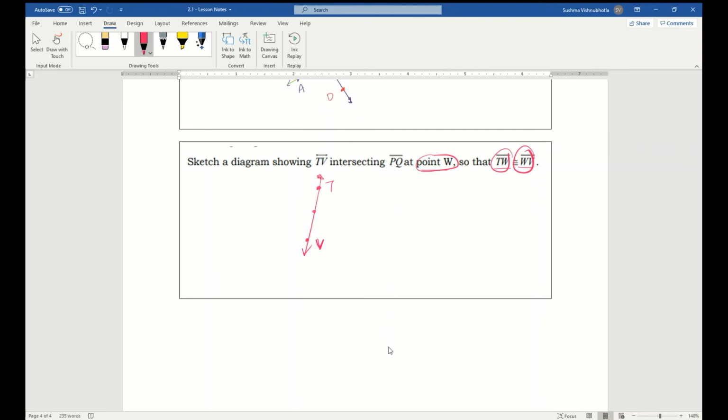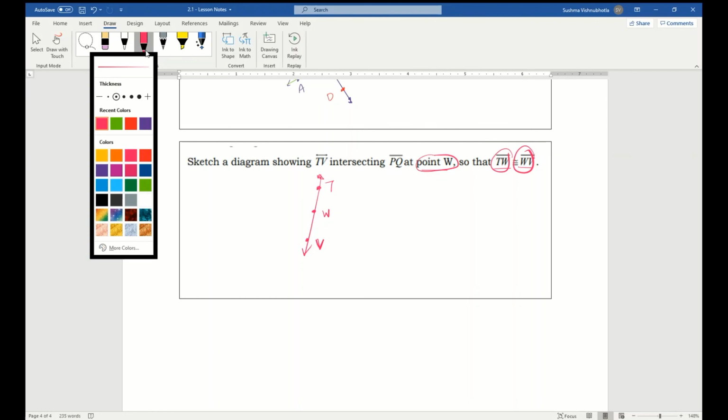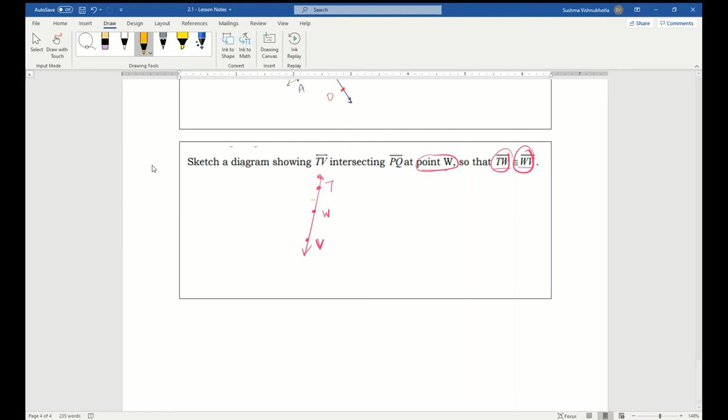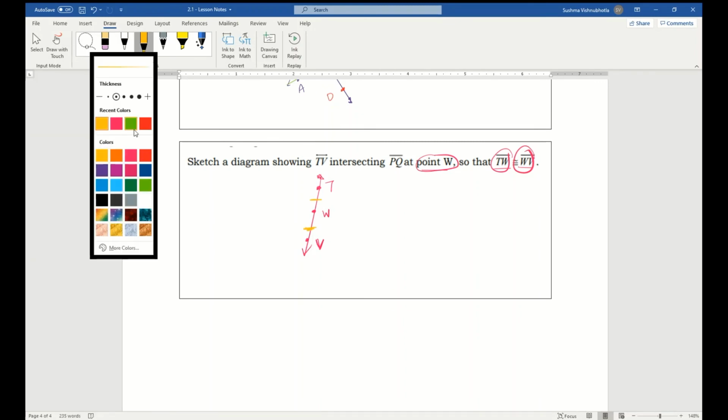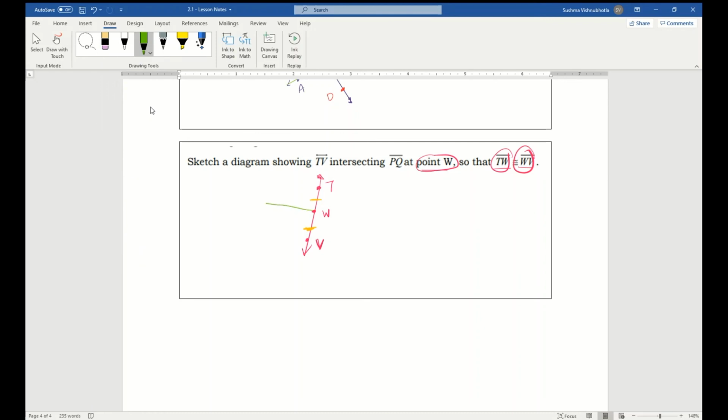So if W is exactly in the middle of TV, then I can say that TW and WV are congruent, and W is the point at which PQ intersects TV.